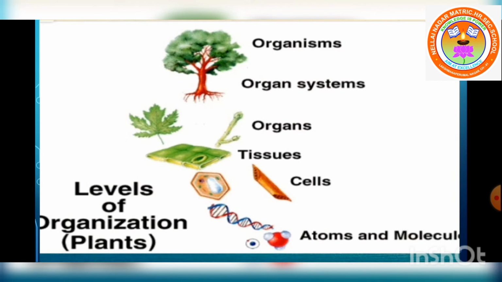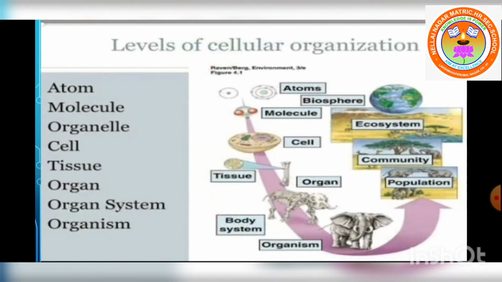Next, let me pass on to the levels of organization. Plants exhibit varying degrees of organization. So what are the different levels of cellular organization? Atoms.